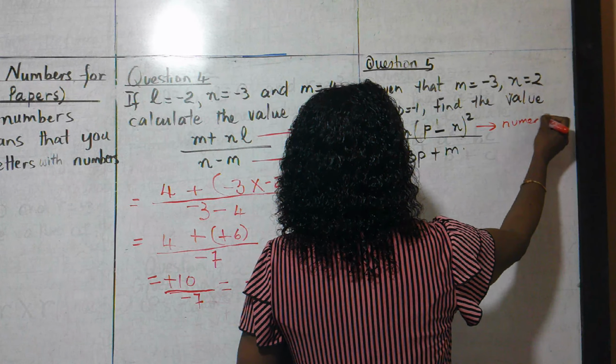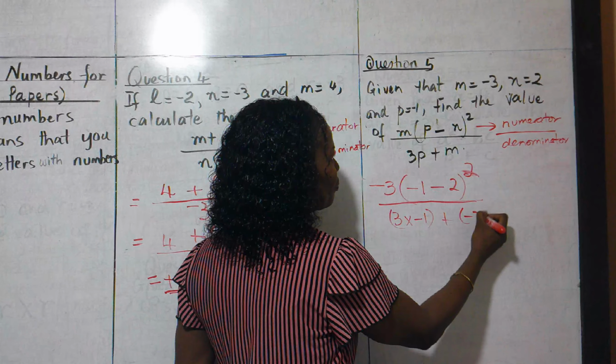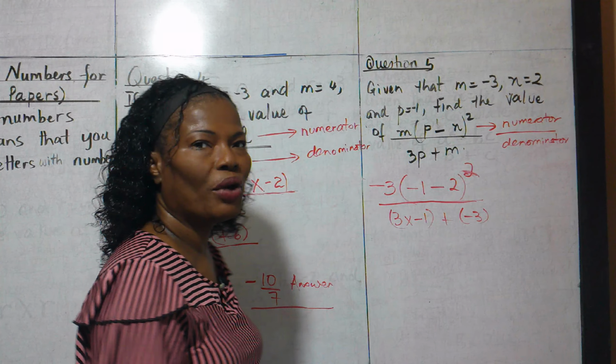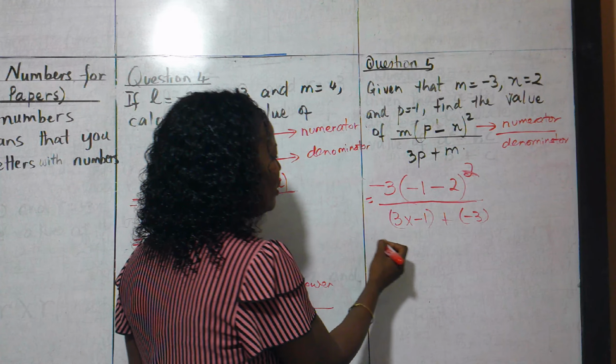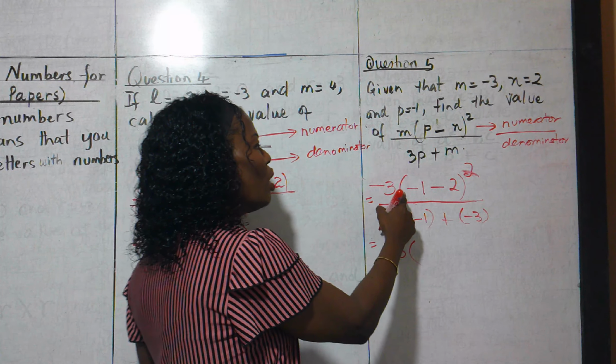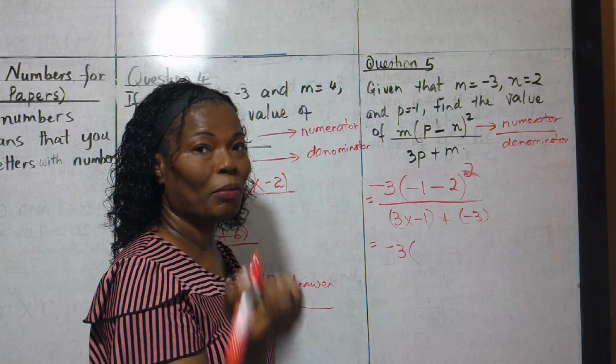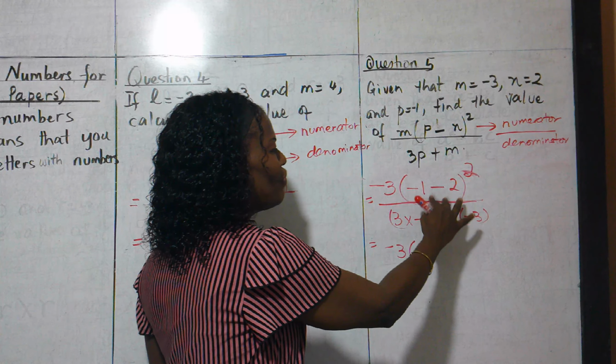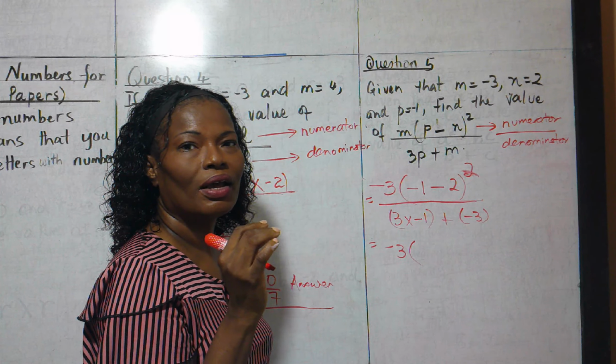And so 3p is 3 multiplied by the value of p, which is -1, plus m, which is -3. So we're now going to simplify. -3 inside the bracket, -1, the bracket means to multiply, remember? All right, so let's simplify what's inside the bracket.